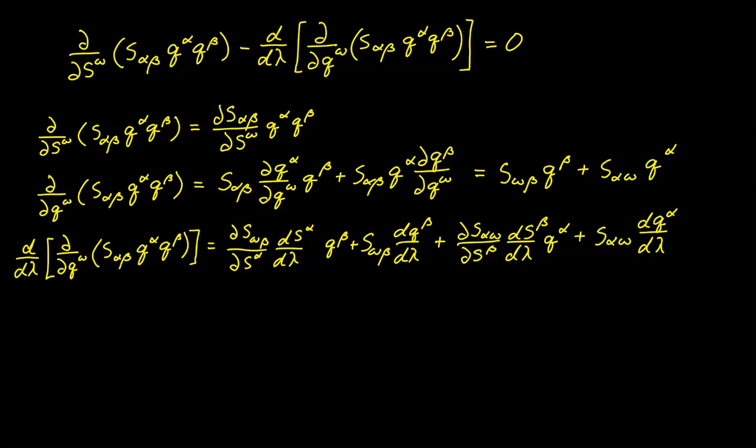All right, let me clean this up a little bit. First of all, notice that this factor right here, according to our definition, is nothing but q alpha. So we can write the first term this way. Likewise, this factor over here is really q beta.